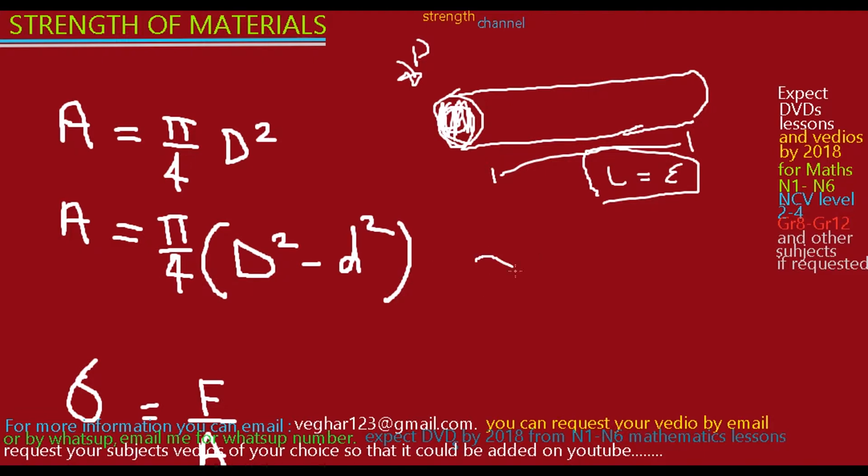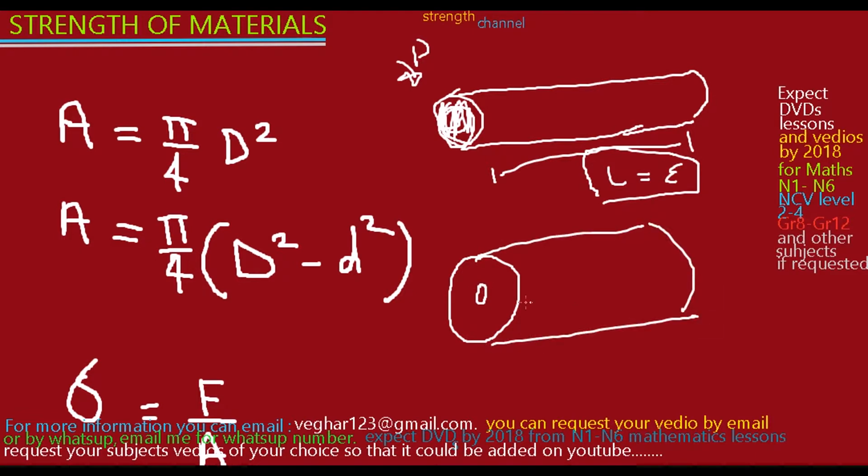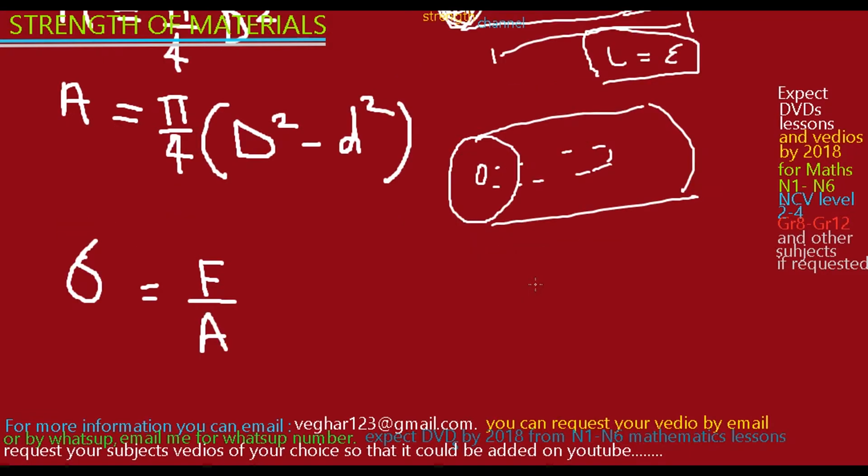So this one is a hollow one. If it has a hollow, some of them can be extended to this one. That means we'll have two different sections if it cuts through the middle.